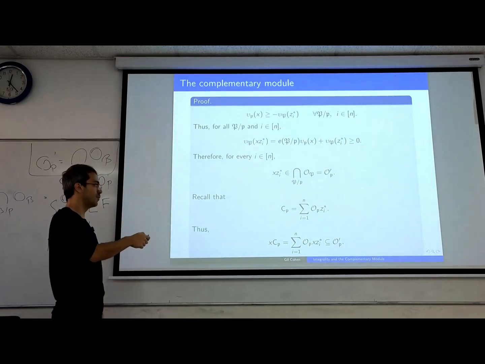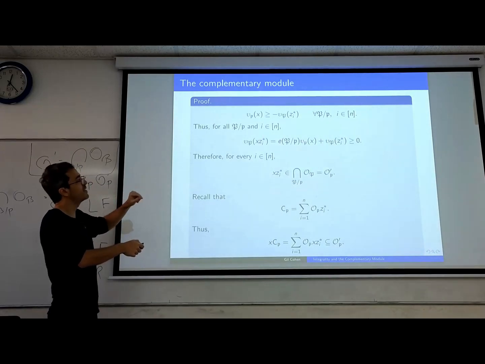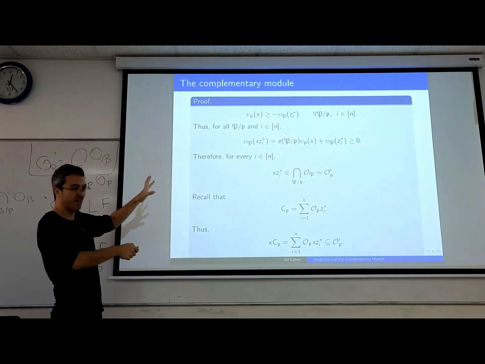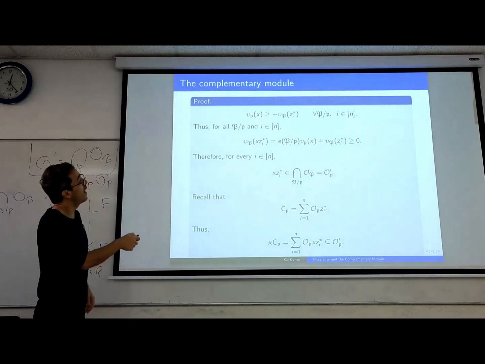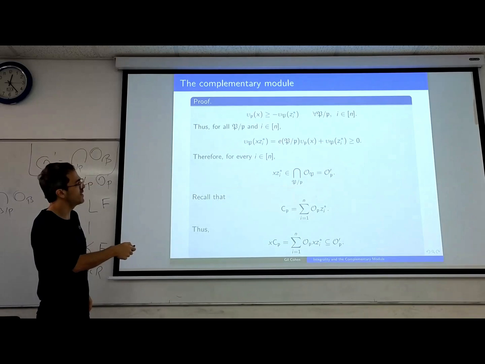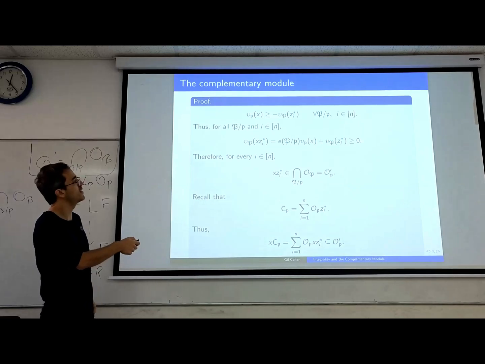Of course the valuation of the product is the sum of the valuations, and because x is in E at the bottom, instead of writing V capital P of x, I'm writing the ramification index multiplied by V small p of x. But by our choice, and because E is at least 1, of course, this is at least 1, so you can ignore it. By our choice, you know that this is non-negative, because we know that this plus that is non-negative.